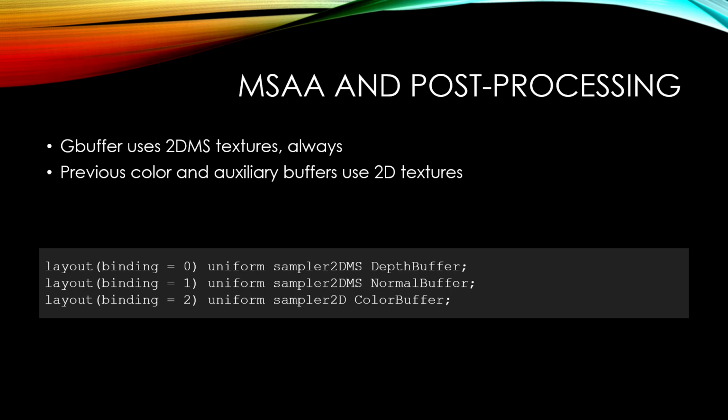So typically in a post-processing effect, you're going to have things declared like this, where you've got a 2D MS depth buffer, a 2D MS normal buffer, and then sampler 2D for the previous. This is the previous render, wherever it came from. That's just the previous color image.